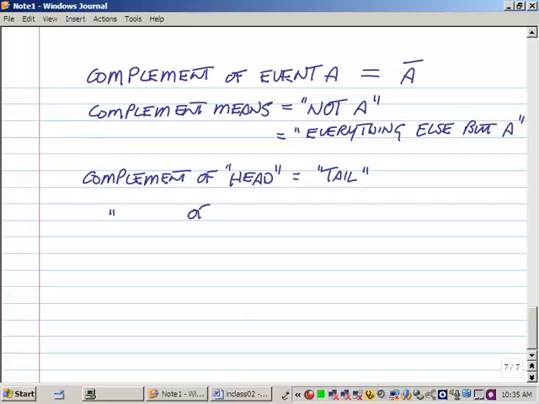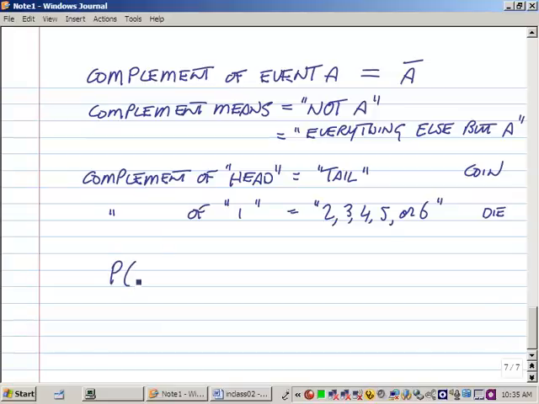The complement of, on the roll of the dice, let's use that, a 1 as the event, is either a 2 or a 3 or a 4 or a 5 or a 6 on the roll of a die. So complement is everything else but the event that you're looking at.